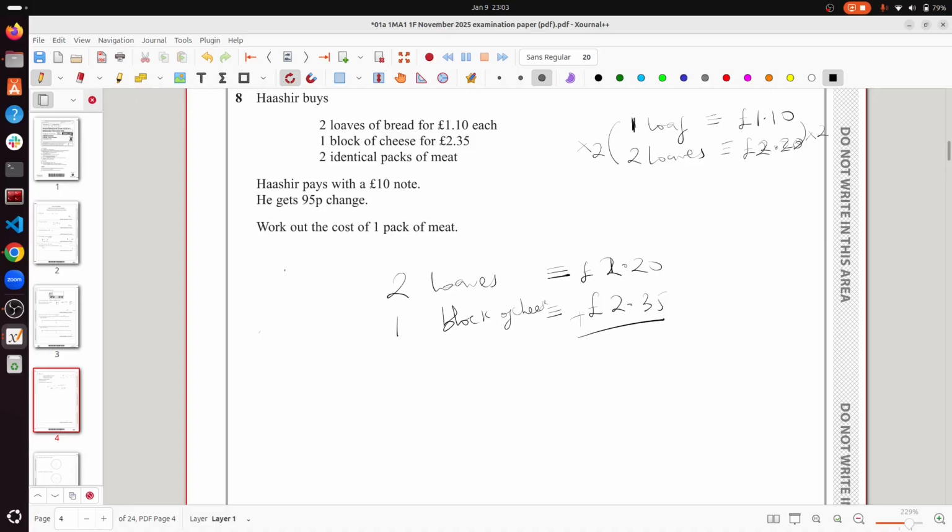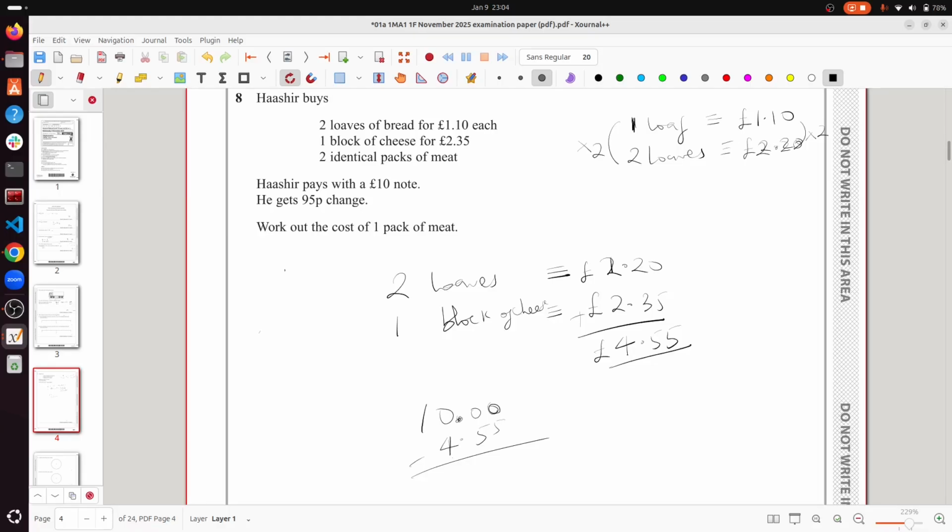So these 2 are going to cost him £4.55. Remember, he pays with a £10 note. So if I had £10 and I take away the £4.55, I have 0 here, so I can't take 5 from 0.